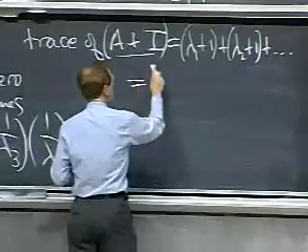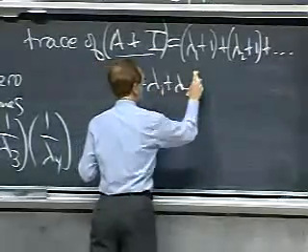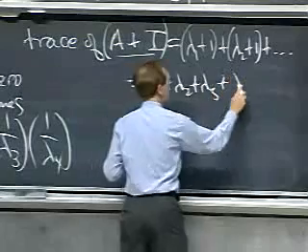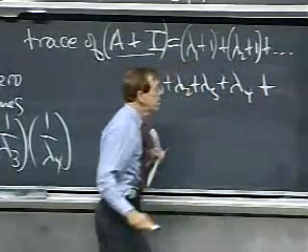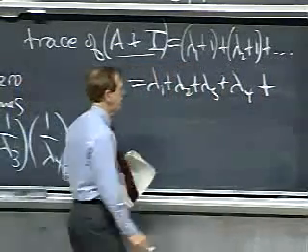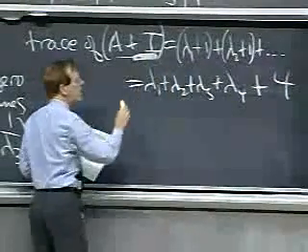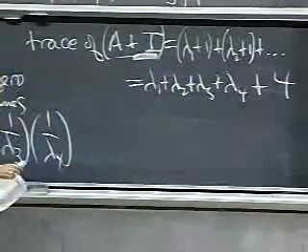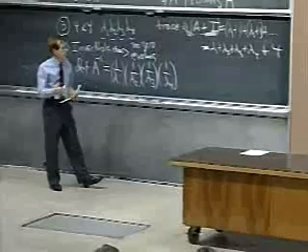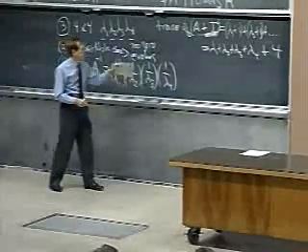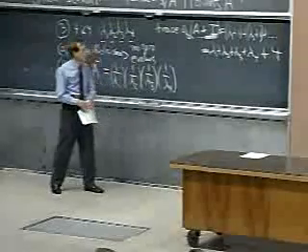So it's lambda 1 plus lambda 2 plus lambda 3 plus lambda 4 plus 4. Right. That movement by the identity moved all the eigenvalues by 1, so it moved the whole trace by 4. So it was the trace of A plus 4 more.